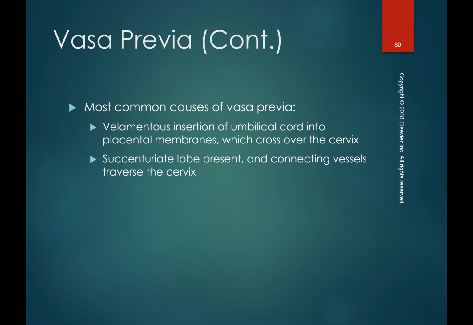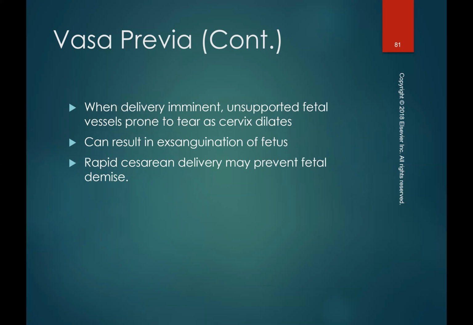The other time would be if there is an accessory lobe present and the connecting vessels traverse the cervix. So if you have two lobes, your anterior and then a smaller posterior lobe, the blood vessels that connect those two cross over the cervix. Those are the most common reasons why you would have a vasa previa.